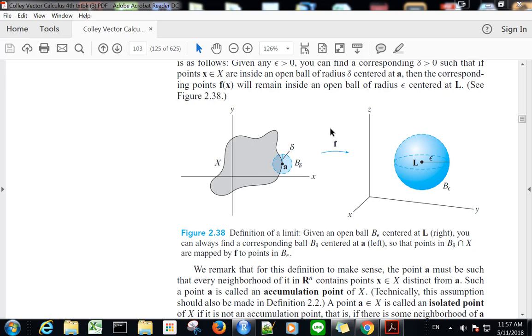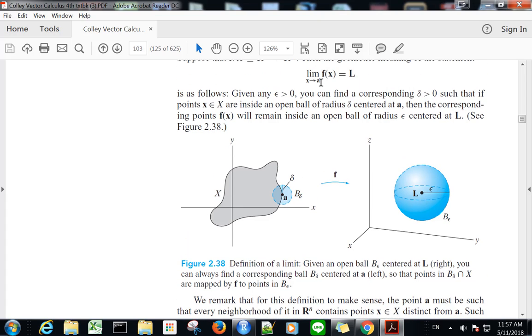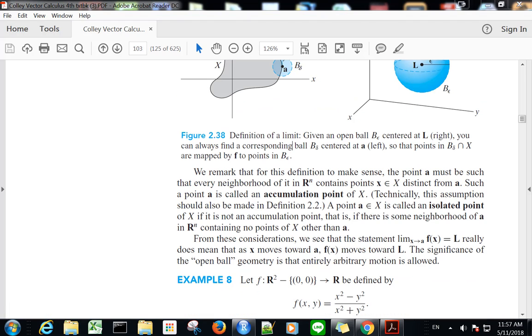But a point out here, some big neighborhoods around A would contain X, but some wouldn't. So when we're talking about the limit as X goes to A, A has to be an accumulation point of X in order for this definition to make sense.